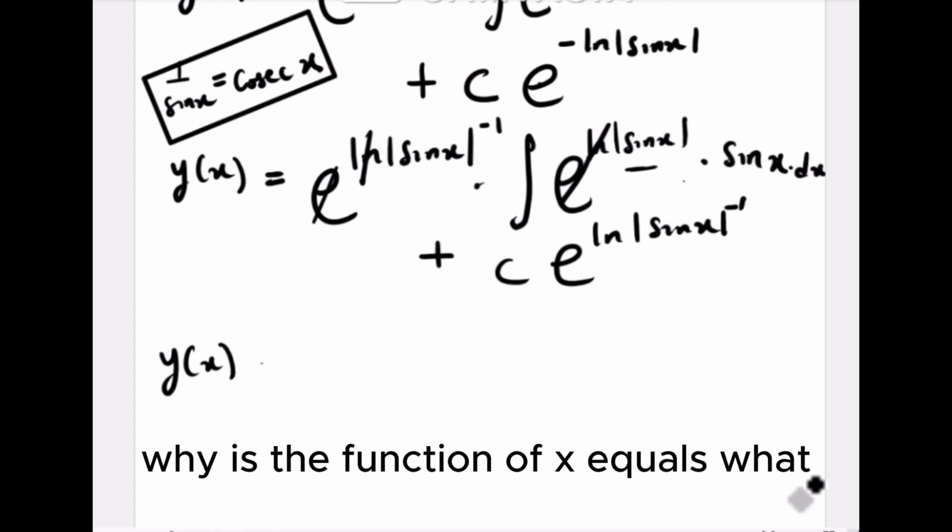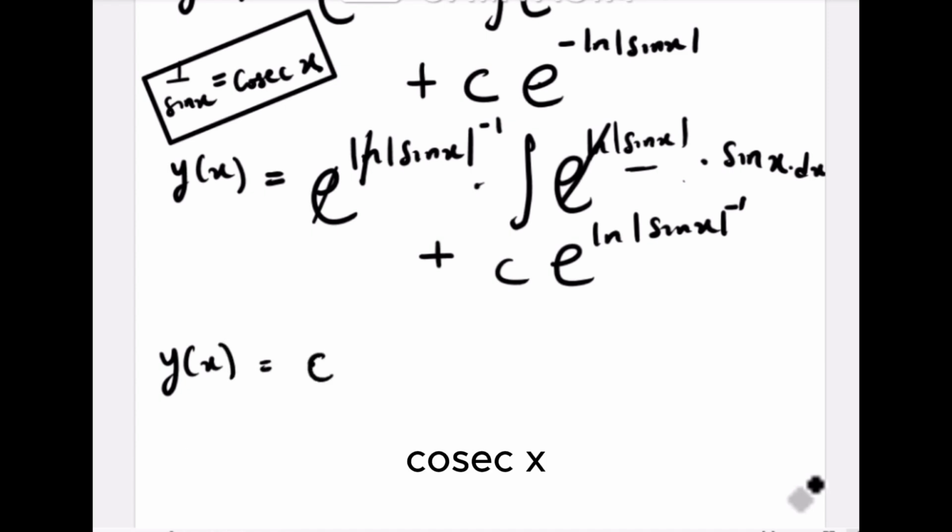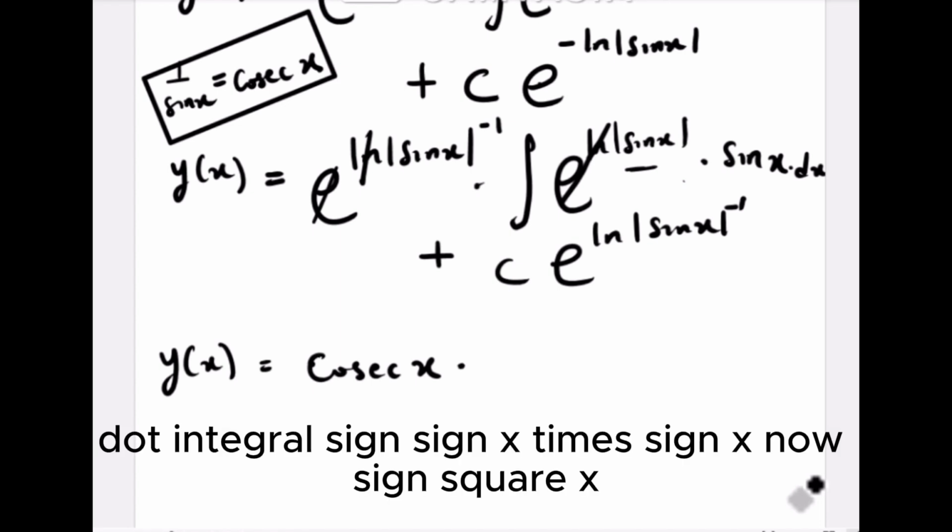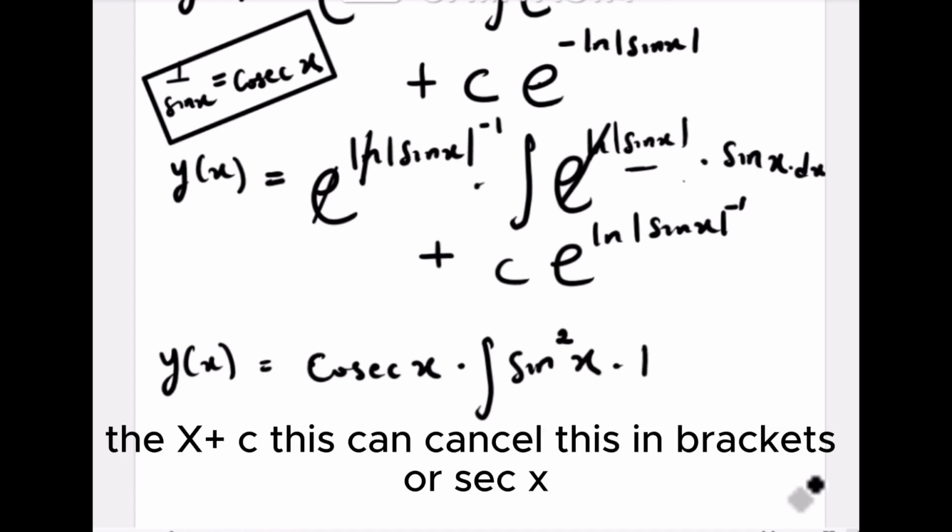So y(x) equals cosec x times the integral of sin x times sin x, which is sin squared x dx, plus c.